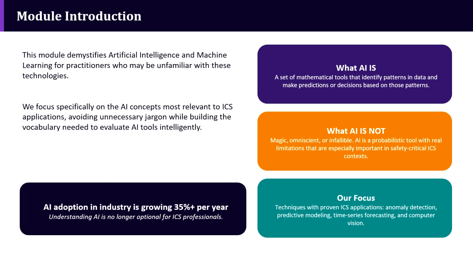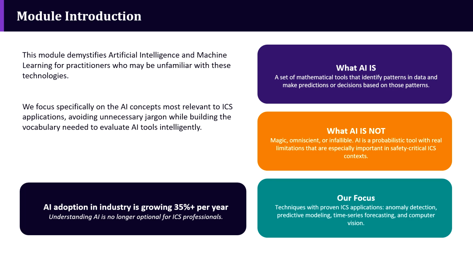The field of industrial automation is being transformed by artificial intelligence faster than almost any other sector. Analysts consistently report growth rates above 35% per year for industrial artificial intelligence adoption. That means the engineers, managers, and technicians working in these environments today will encounter artificial intelligence-based tools within years.